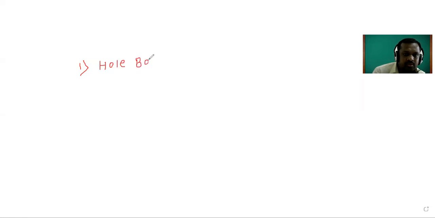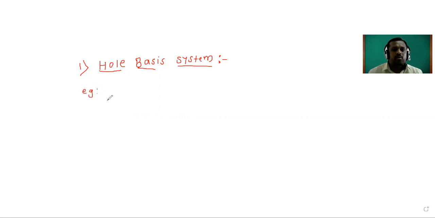Hole basis system. This is a very important topic. Now see what is meant by the hole basis system. Simple. Just take one example. Suppose we have to manufacture one hole.